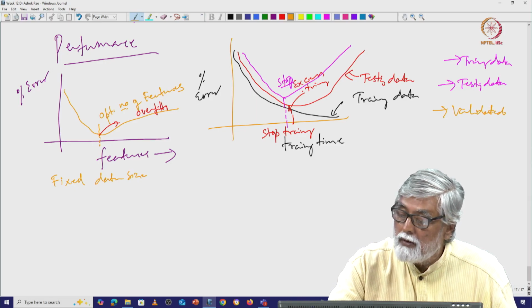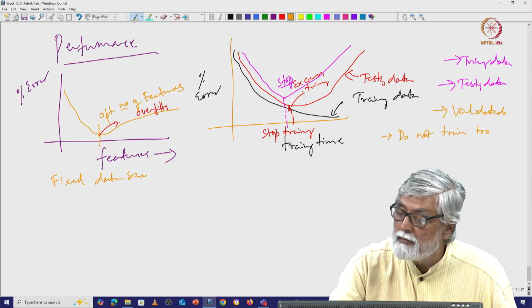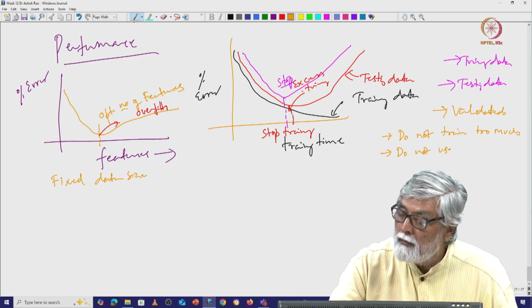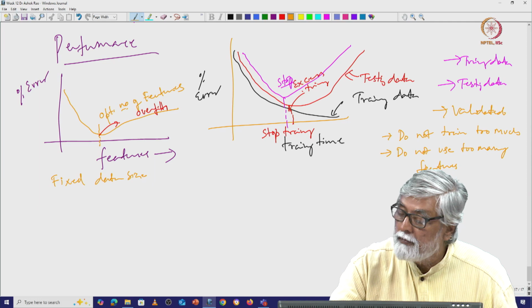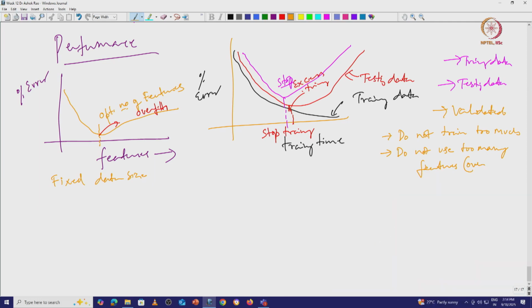So, do not train too much. Next, do not use too many features. This is like overfitting. Of course, do not use less also, underfitting.